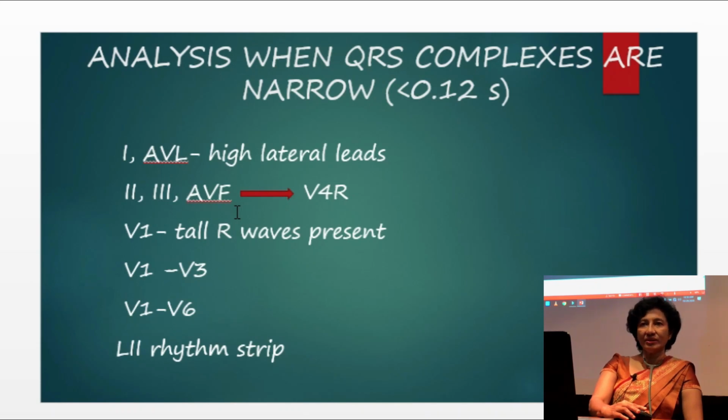If there are ST segment elevations in 2, 3, AVF, you have to look at the V4R lead next, especially if the patient is in cardiogenic shock.